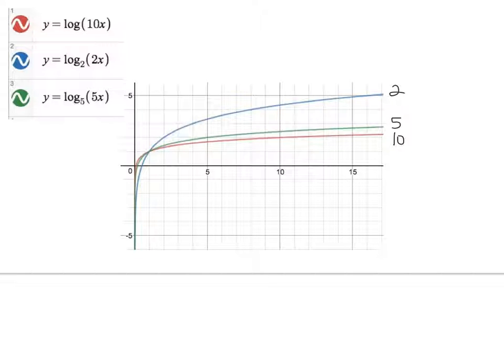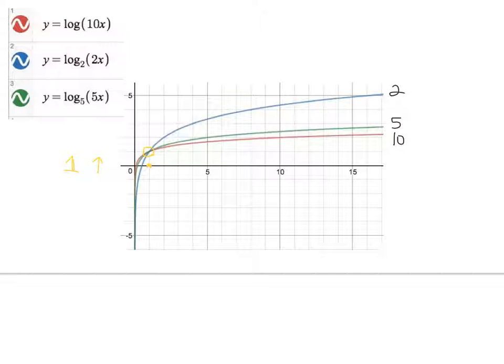So let's point out some things. Okay, where the graphs intersect is no longer at ordered pair 1, 0. Remember, they always had an x-intercept at 1, 0, and that's where all the graphs intersected also. So that went up by a unit of 1.